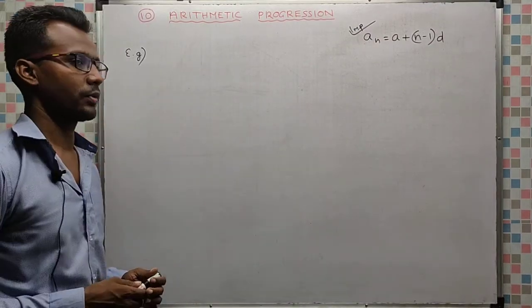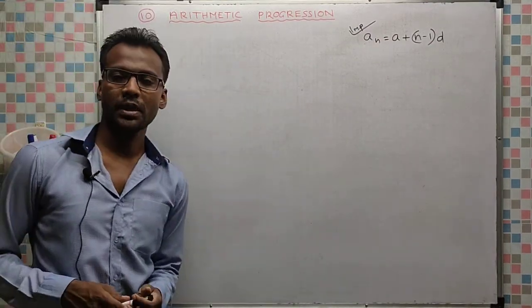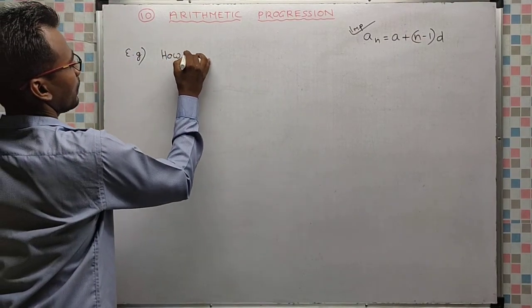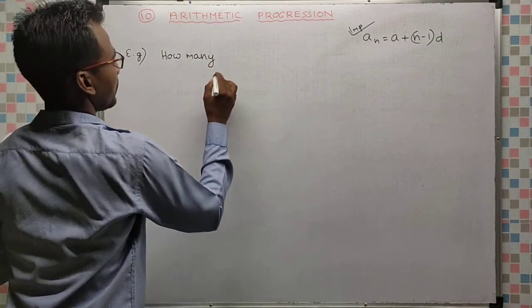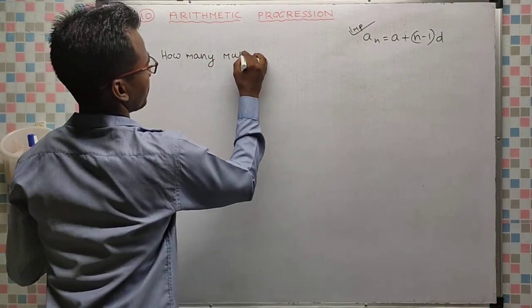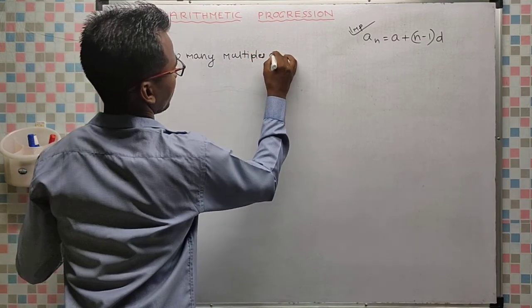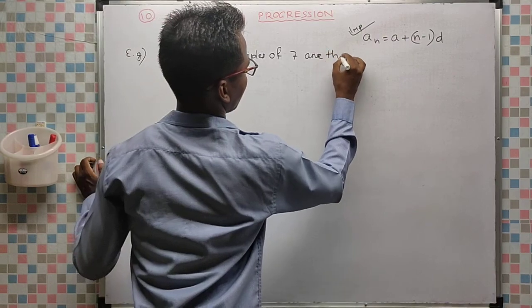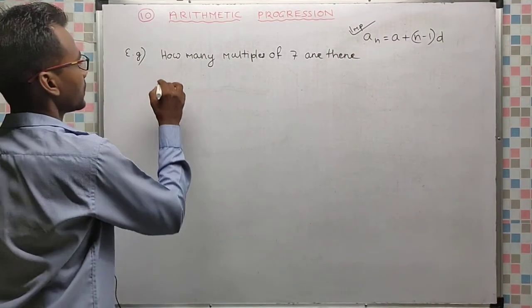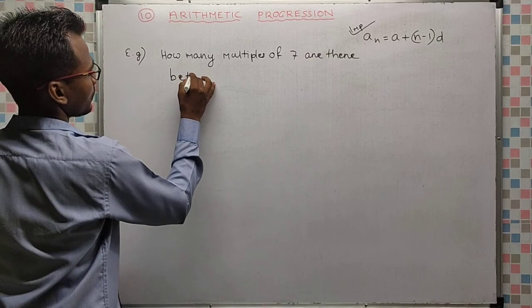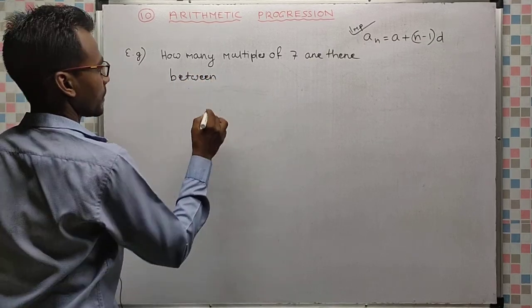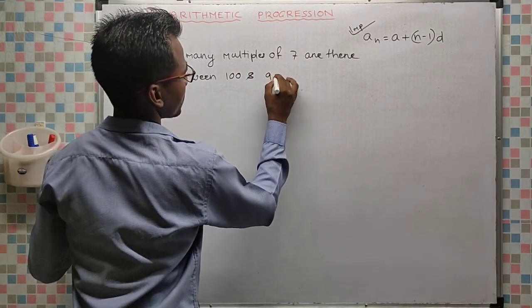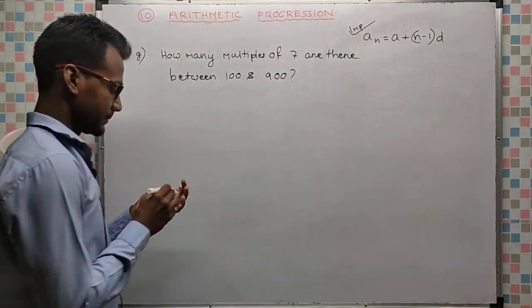Suppose we have an example. How many multiples of 7 are there between 100 and, suppose, 900?